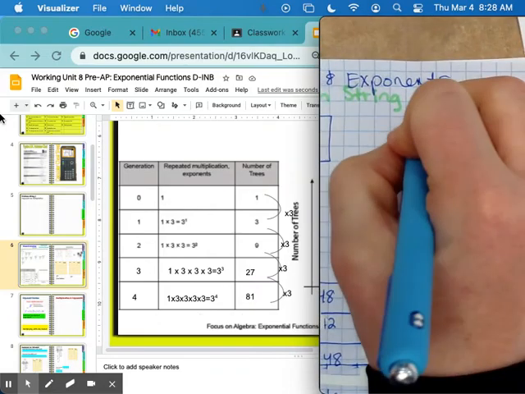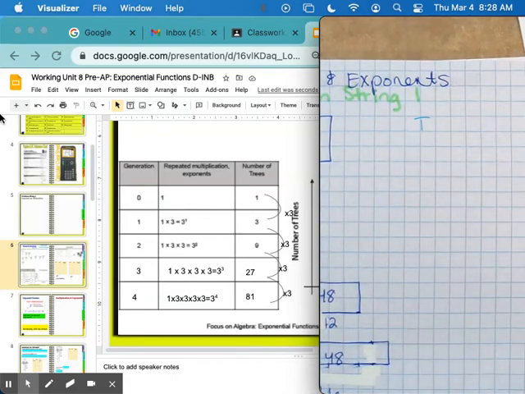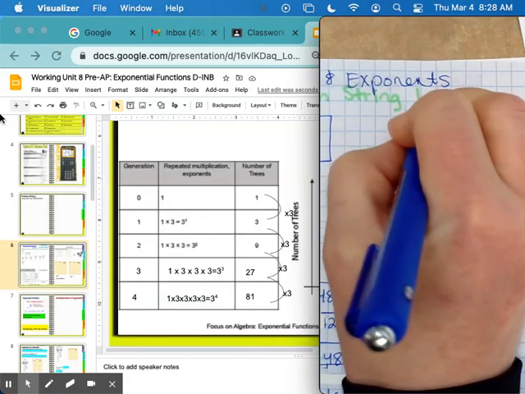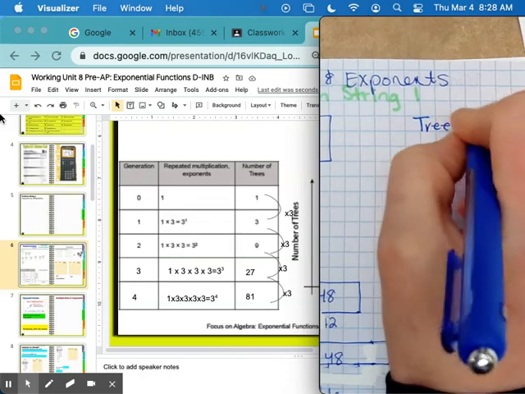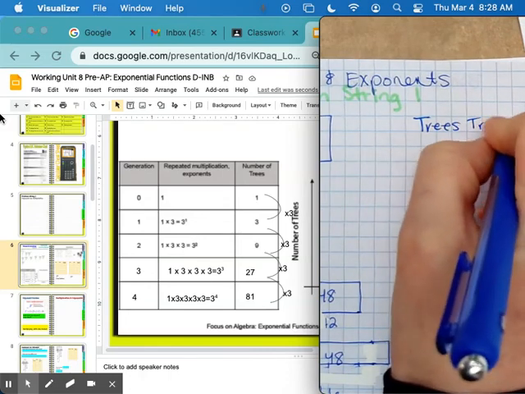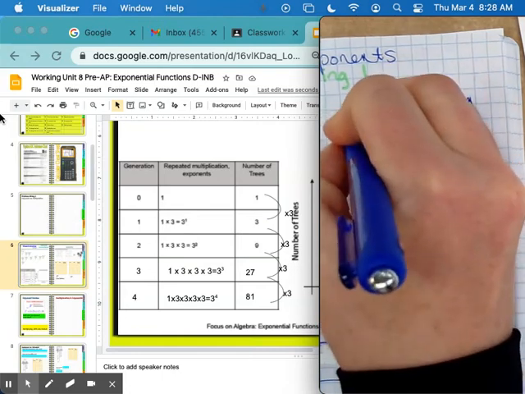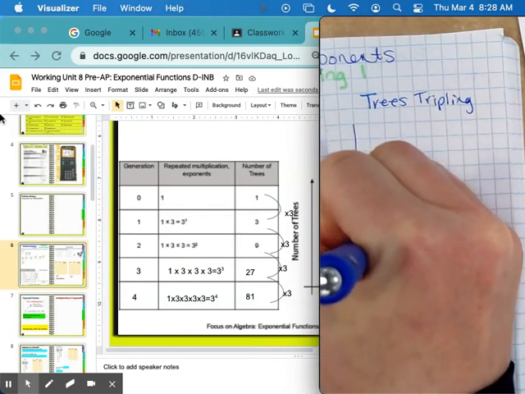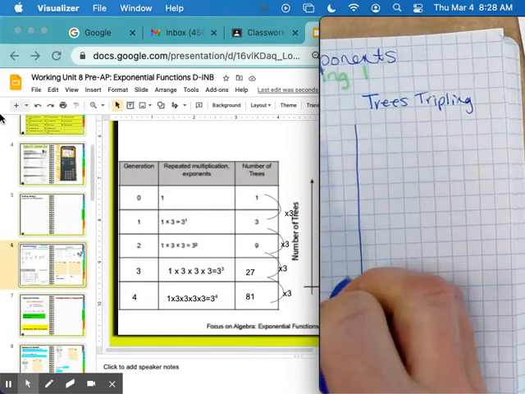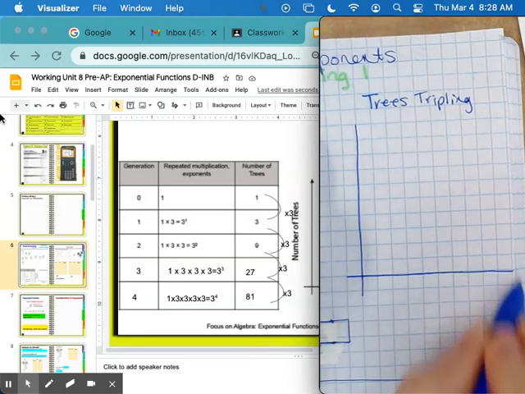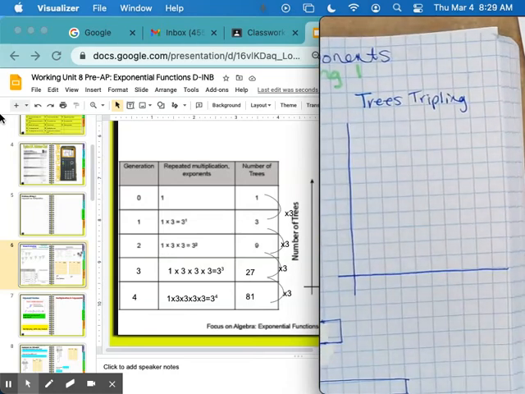So I'm going to label it trees tripling. And make a little quadrant 1.